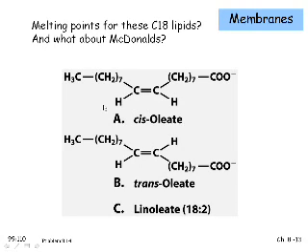Okay? So which one would then be the next one in melting point? The intermediate between this and the other one. Okay, you want to say that cis-oleate is, and why would that be?